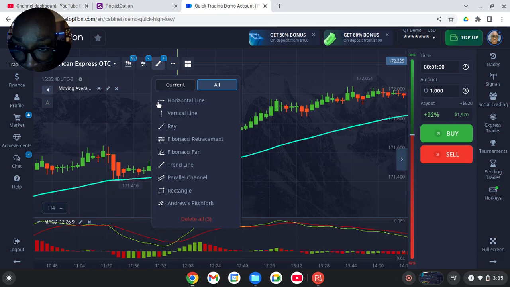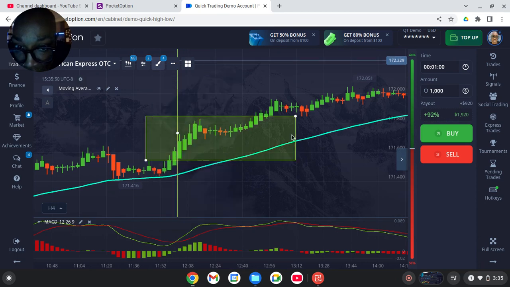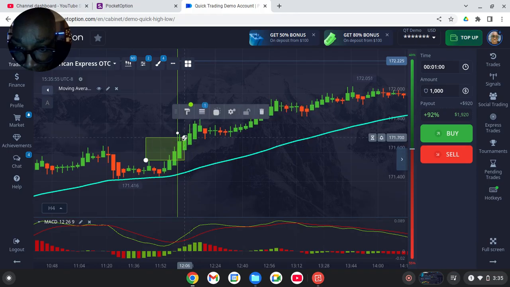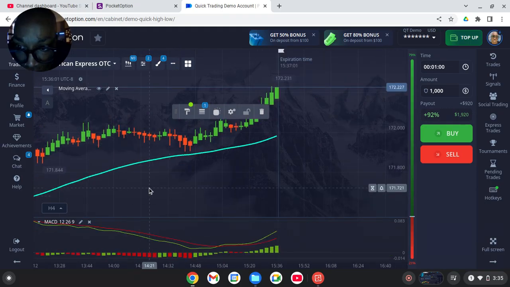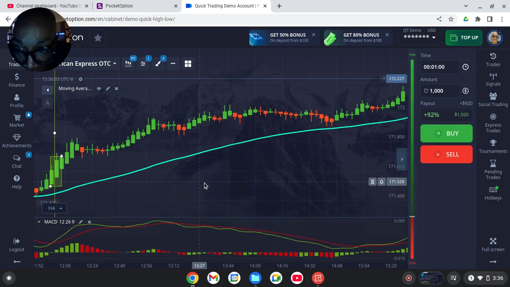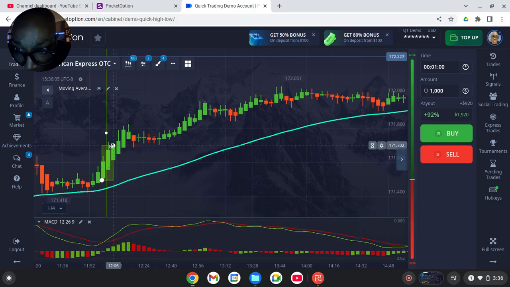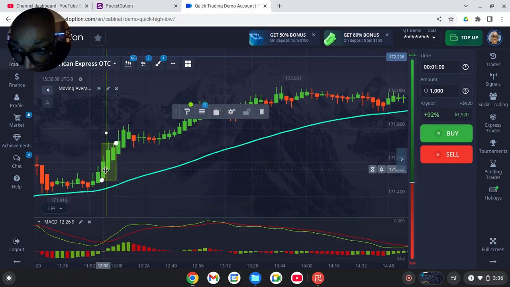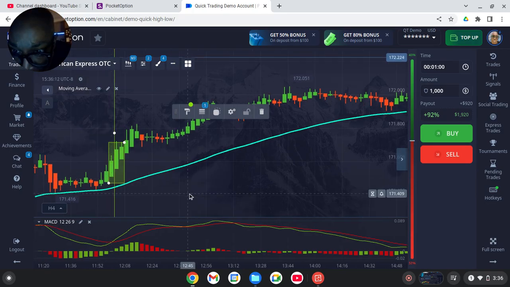I'm gonna put the box right here. I think you could have taken a buy, preferably in this second candle in the box right here. Yeah, preferably.